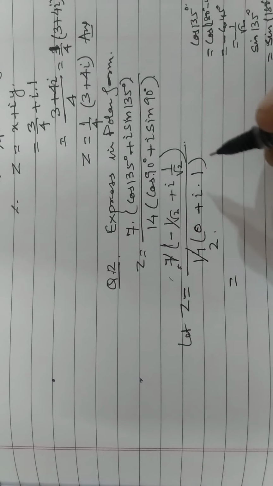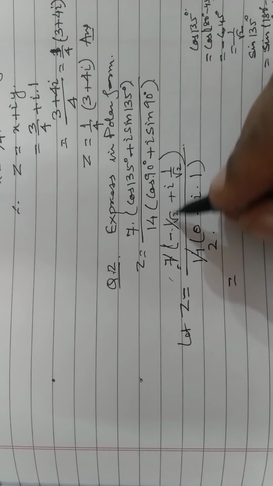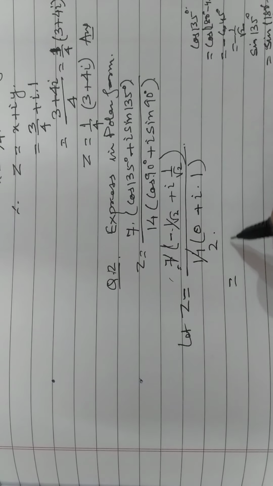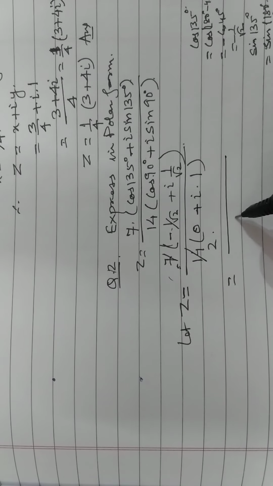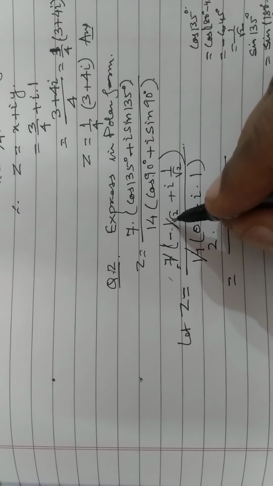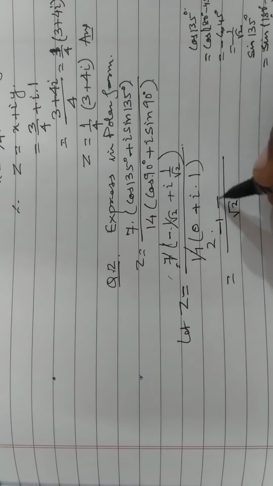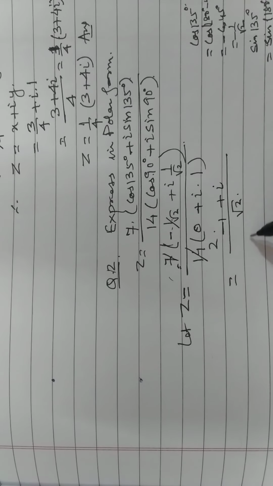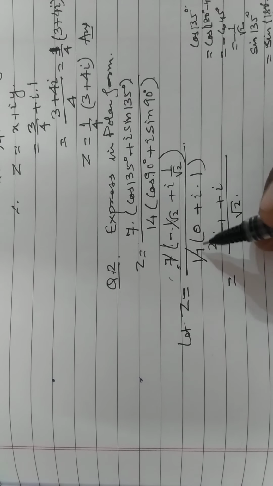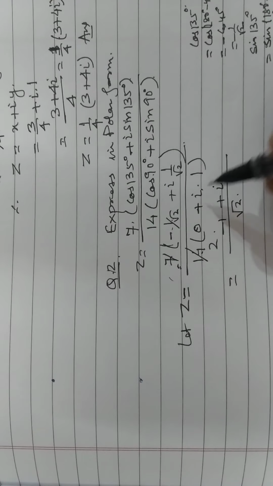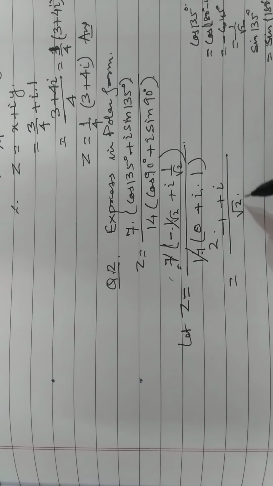Now here we will take root 2 as the LCM. So root 2, and then here is minus 1 plus i, and here is 2. 2 is multiplied with i, so 2i.